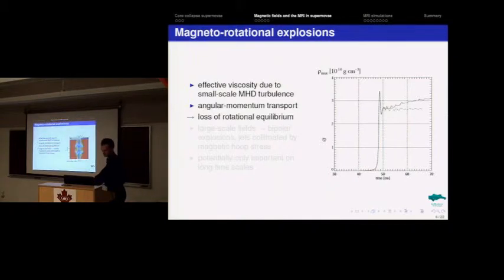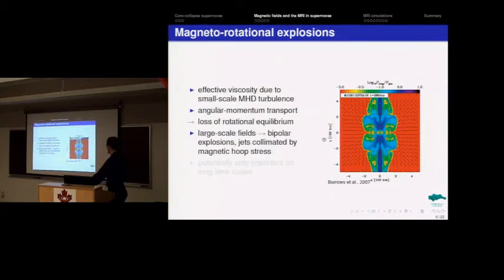This was done with large-scale fields, and a similar thing as Adam Burrows has done, though with a much more refined microphysics. In this case, you get, as a very prominent feature, bipolar explosions, even jet-like ones, where collimation may be done due to magnetic stresses.